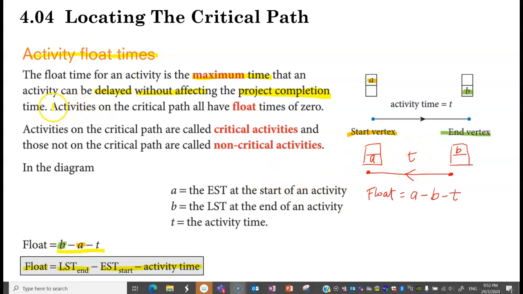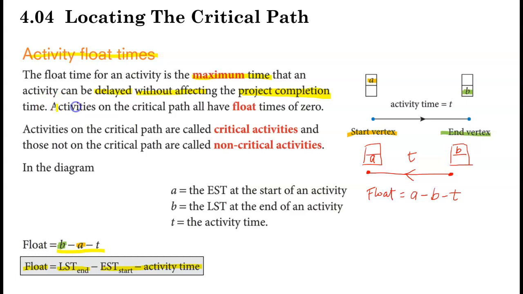Now, what about the activities on the critical path? What would be their float time? The float time will be always 0. Okay, then we are going to look at what it means by critical activities and non-critical activities. Critical activities are all the activities that are actually on the critical path.